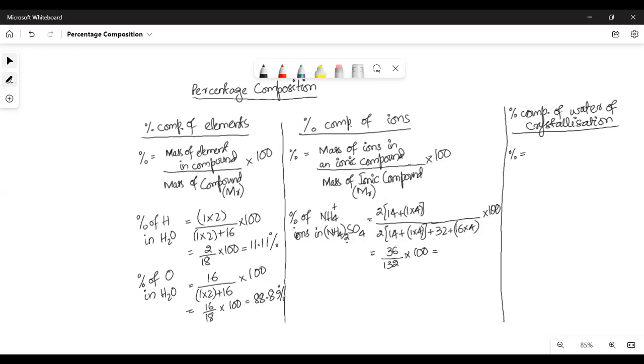So percentage composition is the mass of water in a hydrated compound over the mass of the hydrated compound, which is really the Mr again, into 100.